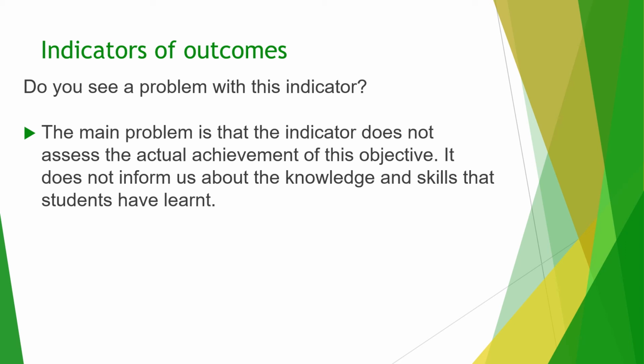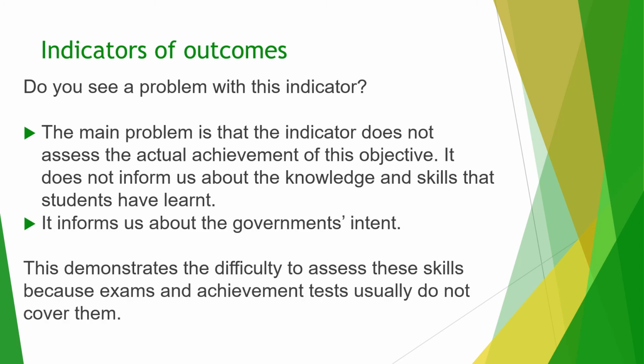And this is not in itself surprising, because it demonstrates the difficulty precisely to assess these skills. Examinations and achievement tests do test outputs, in terms of results that students immediately acquire through the learning that they do. They test the way the curriculum has been transmitted, but on issues that are relatively easy to test: numeracy, literacy, maybe some science knowledge, some knowledge of history and geography and biology and so on.